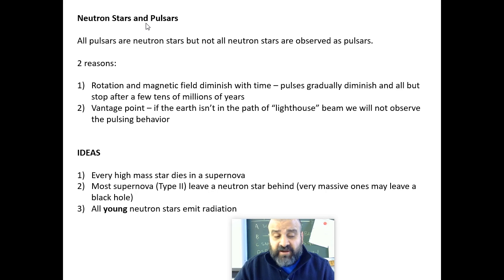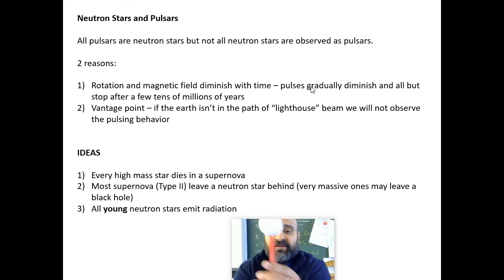So neutron stars and pulsars are generally considered to be one and the same. All pulsars are neutron stars, but not all neutron stars are observed as pulsars. First reason why: the rotation and the magnetic field diminish over time.